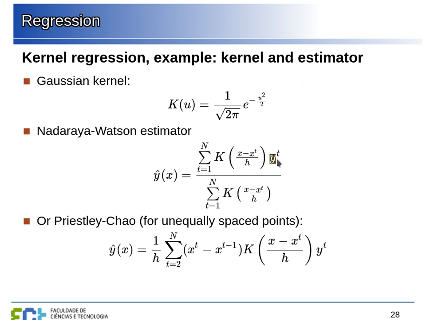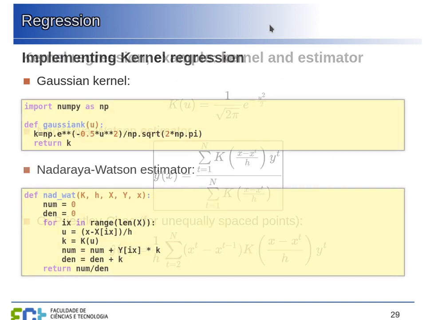Each y value on the training set is multiplied by the value corresponding to the kernel for that particular distance, and then the sum of all of these is divided by the sum of the values of the kernel for all the points in the training set. So this gives us a weighted average in which the weights are the values given by the kernel.